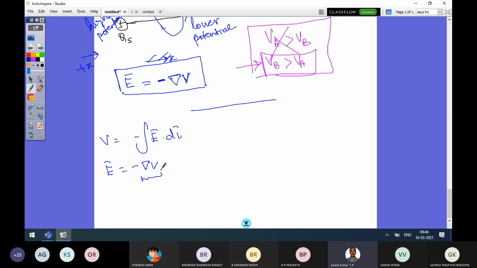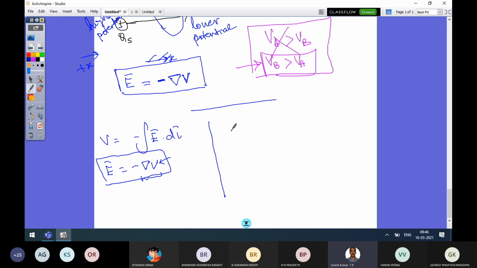Gradient is one of the simplest operations. So this method is advantageous, because compared to the source charges, here you need only information about the potential at the boundaries, which is practically a known detail. So we can use this equation to calculate the electric field due to the potential.